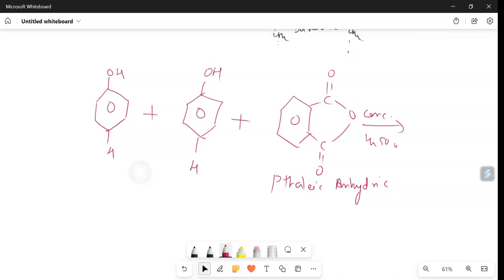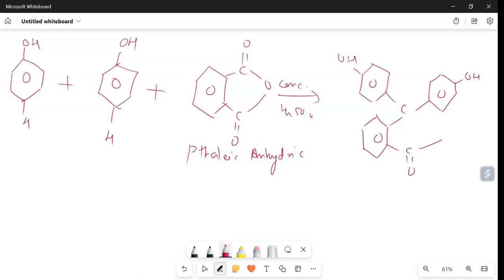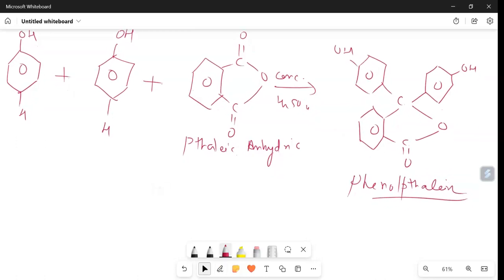It will give the phenolphthalein indicator, which looks like this. This is an indicator which you use in titration.